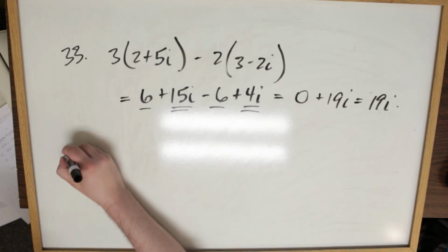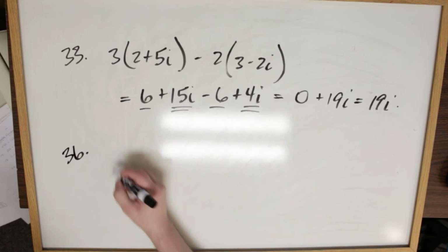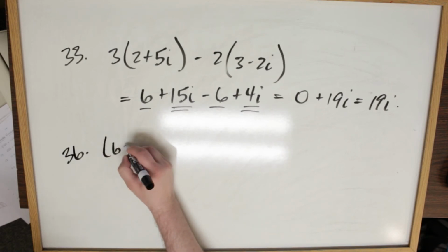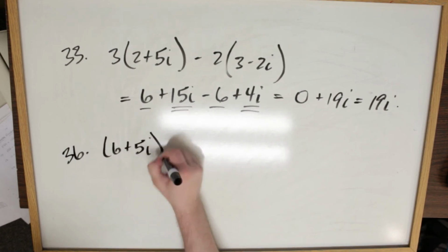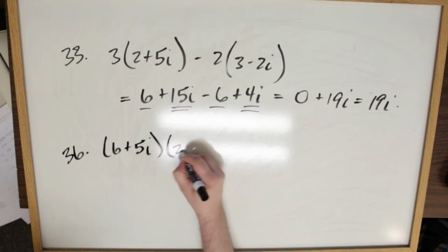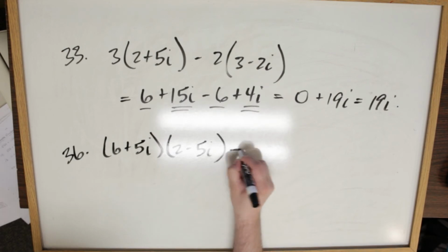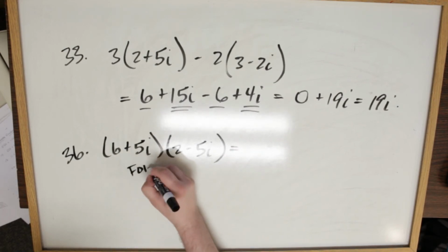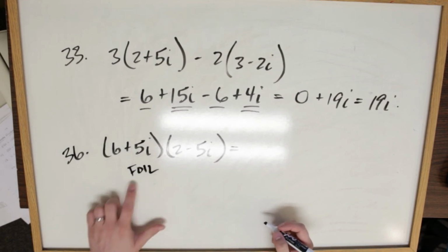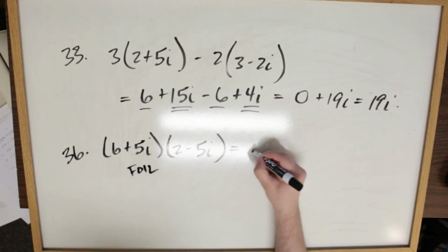All right, 36. 6 plus 5i times 2 minus 5i. All right, so let's go ahead and FOIL this. We'll do the first: 6 times 2 is going to be 12.